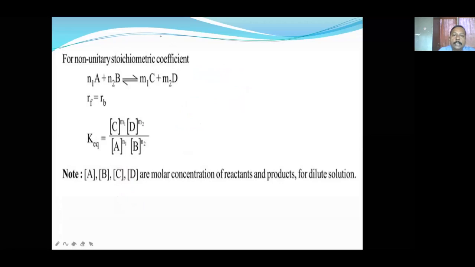In that condition, we do the same thing, but the coefficients will come into the exponents. If they are unitary, you need not write them. But if they are non-unitary, you have to write them, where square brackets mean concentration. Let us take the next slide.